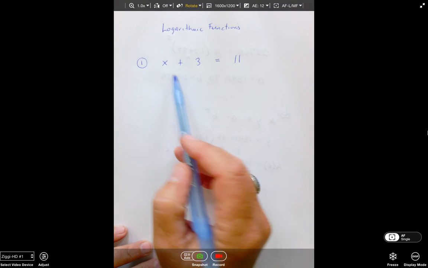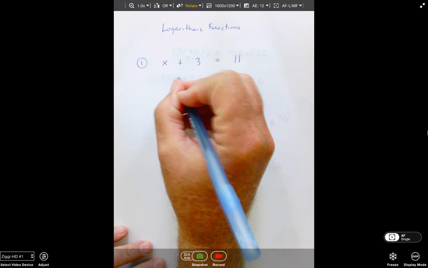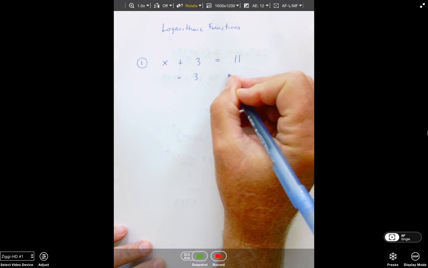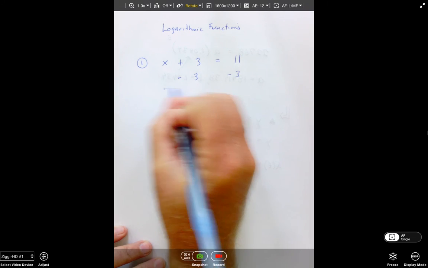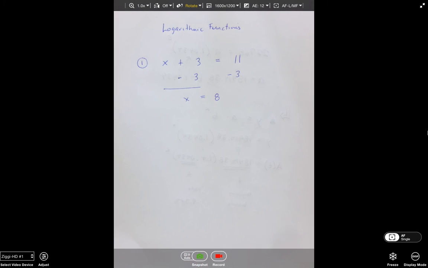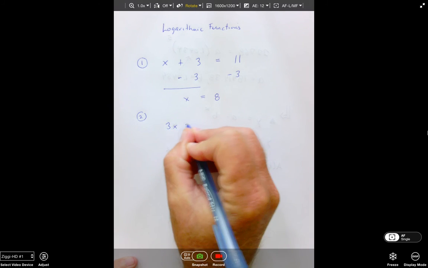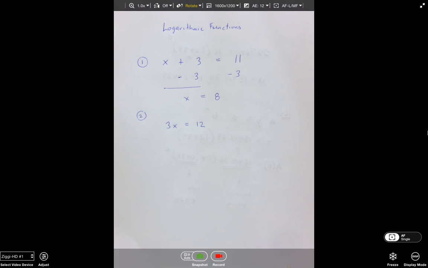But what I tell them is when you see something like this where you're adding 3, then just do the opposite. Okay? We have 3x equal 12. You're probably thinking, where in the heck is he going with this?